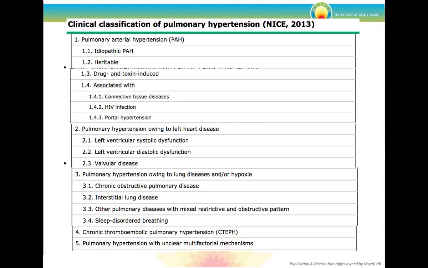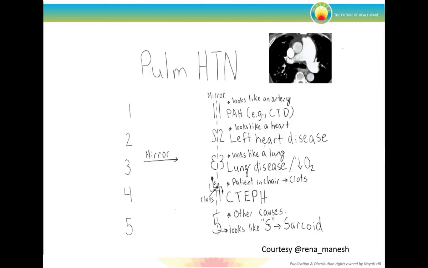So, the classical classification of pulmonary hypertension. To make it simple, I have imagined the 5 classes. Imagine a mirror. Mirroring one, it becomes a vessel wall. So it's a vessel, primarily related to the pulmonary vessels: pulmonary arterial hypertension, class 1.